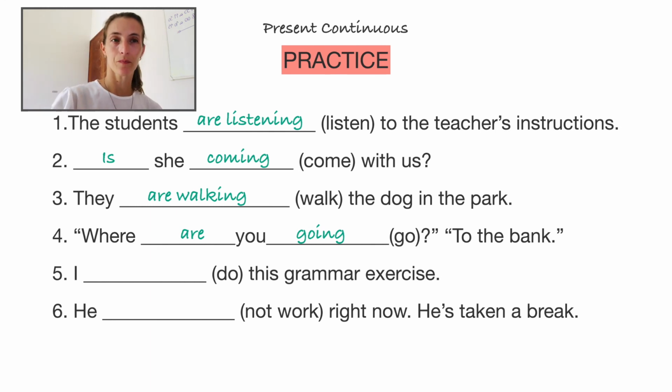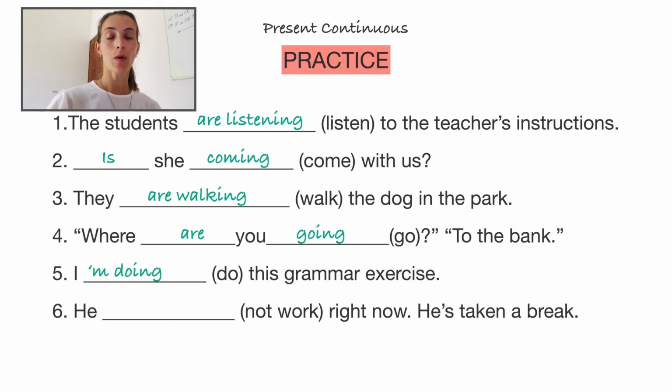Al banco. Now, number 5, tenemos que decir, yo estoy haciendo este ejercicio de gramática. ¿Sí? I am doing this grammar exercise.